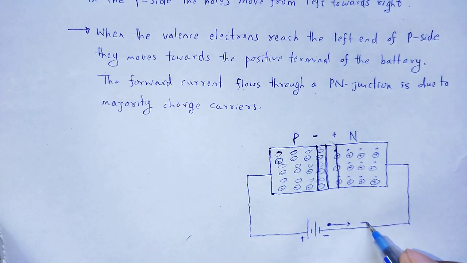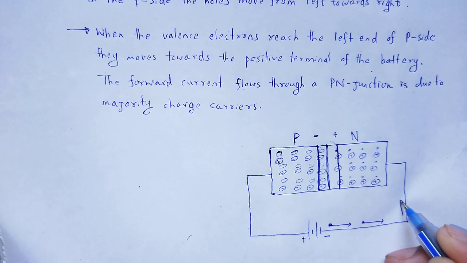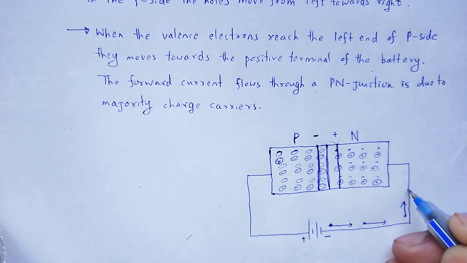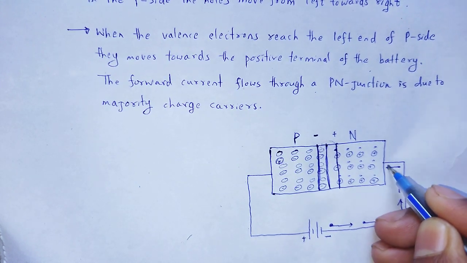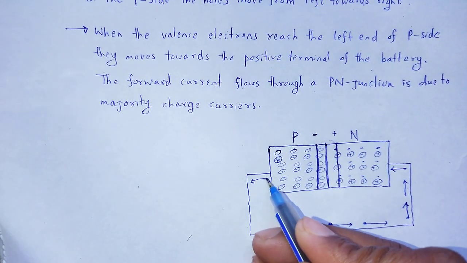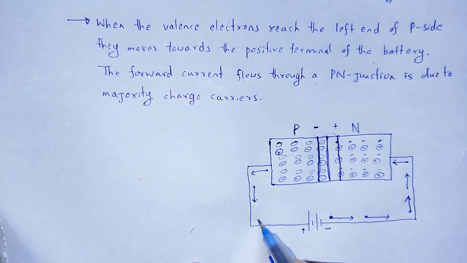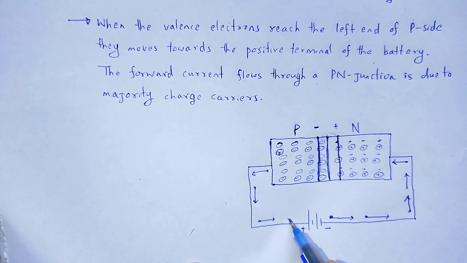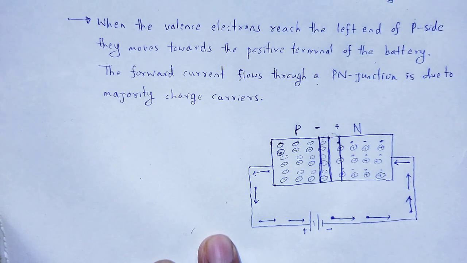In the direction of flow of free electrons, we denote free electrons as a dot sign. In this way, current flows through the p-n junction in case of forward biasing.